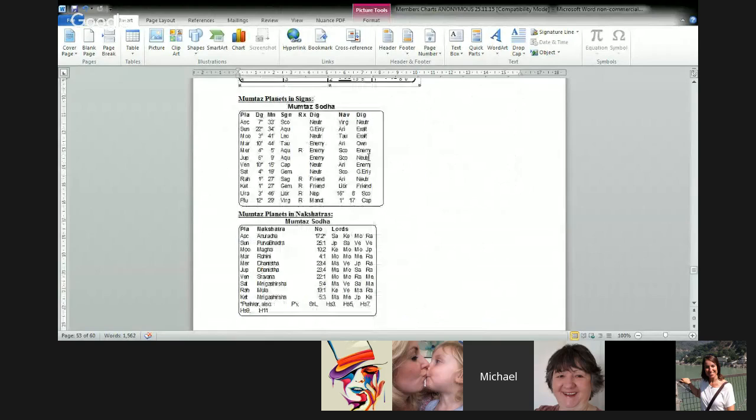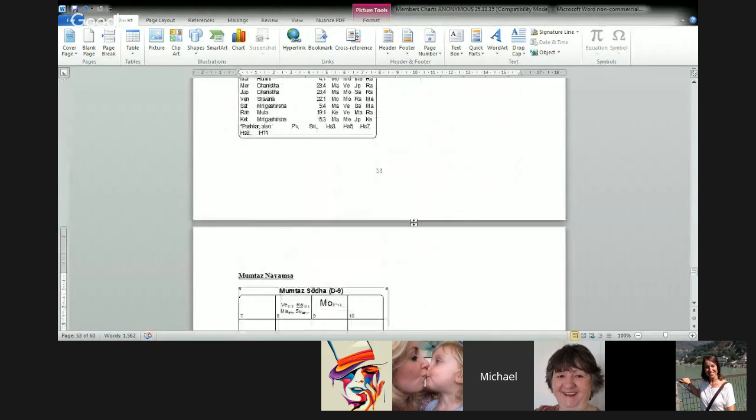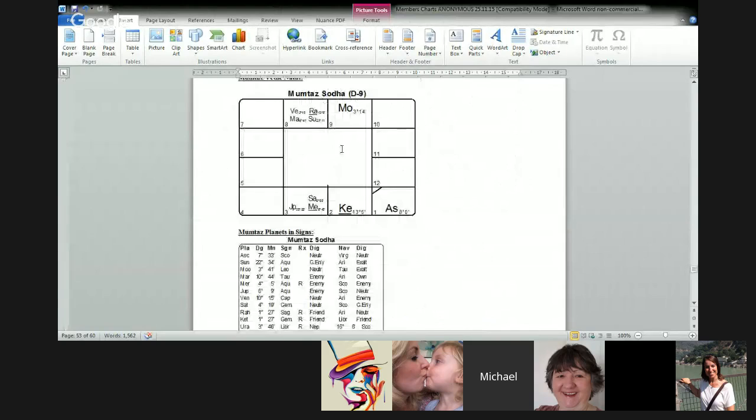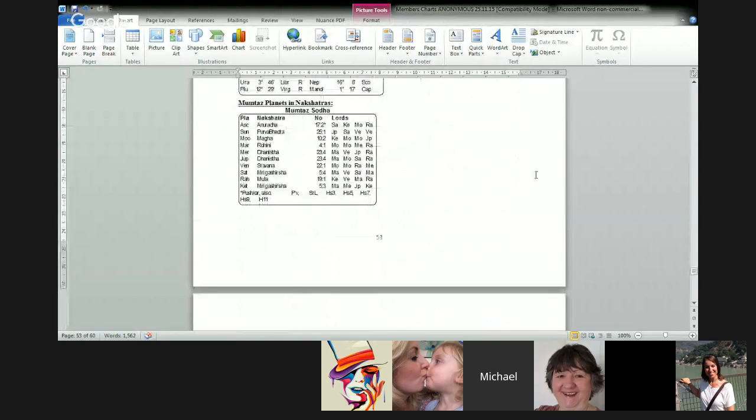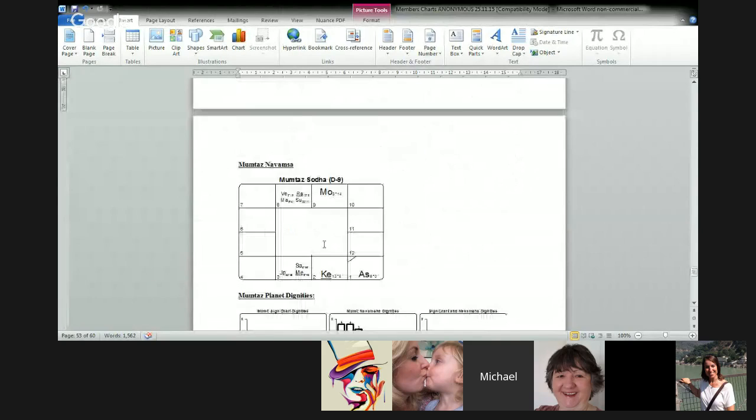Yes, so that's a mistake I need to fix in her Rashi chart there. So her Navamsha has a very spiritual Moon in the 9th.